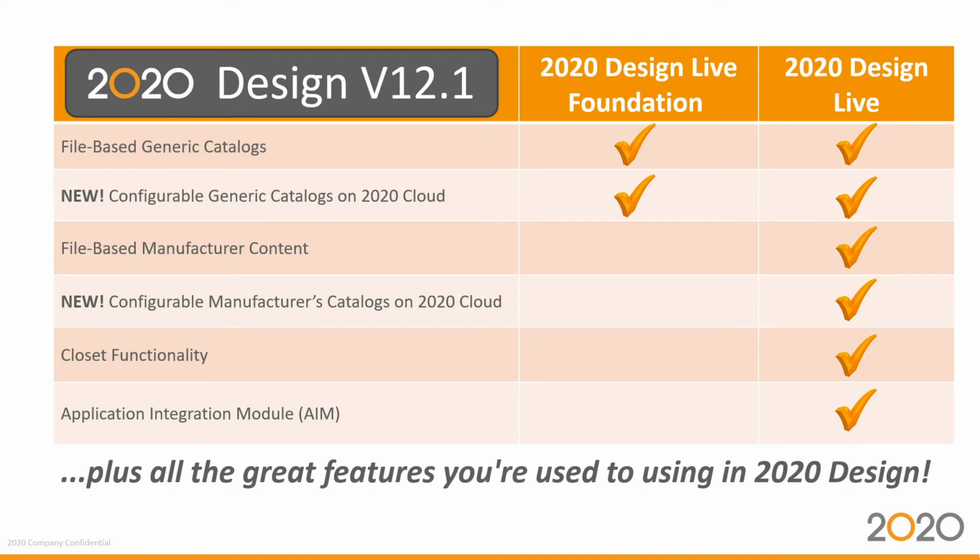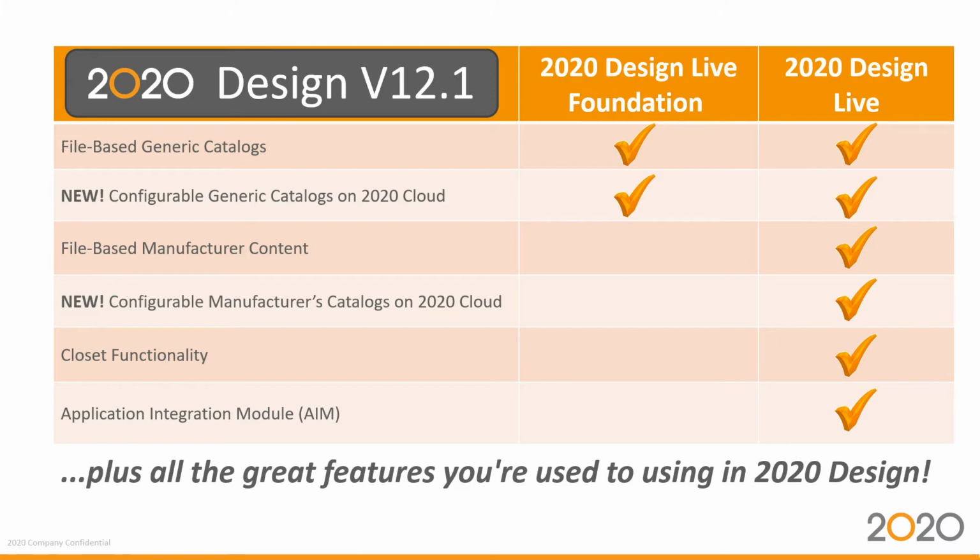Of course, the full edition provides those two functionalities and also includes access to manufactured content, whether they are file-based or cloud-based. You'll be able to add those items from the cloud or file-based and configure them with 2020 Design Live. We've also bundled in the full version access to closet functionality. So if that's of interest to you, you'll be able to complete your projects not only for kitchen and bath, but also for closets, area, and spaces.